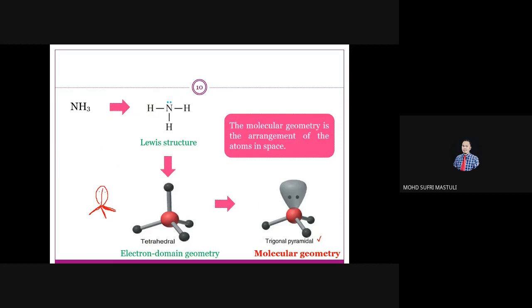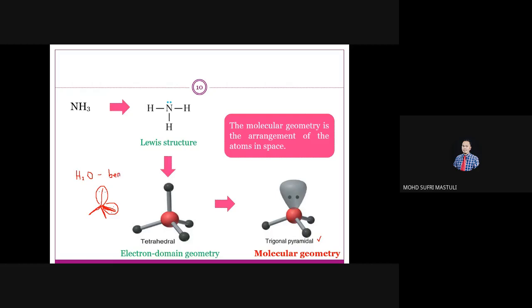Let's say the compound has another lone pair, let's say 2 lone pairs, like the one that we found for water. So the geometry is also different. It's no longer trigonal pyramidal, but for water, it becomes bent.